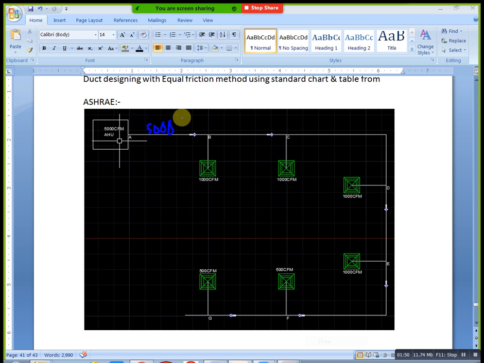How can we get your size? Here we need to calculate our size. That is the circular diameter, not a rectangular one. Just you can observe that one. That is only circular diameter. Can you write that one? I will explain why that means.